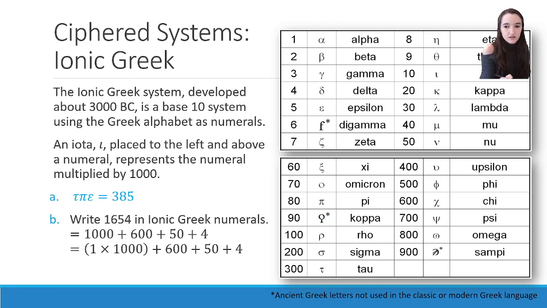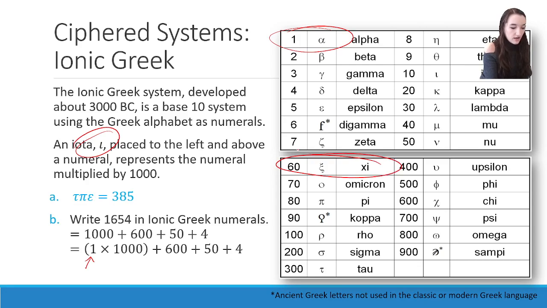So that tells me, because I do not have a number for 1,000, right? We stop at 900, that I'm just going to take the number 1 and put that little iota symbol. So I take alpha and put a little iota symbol next to it to represent 1 times 1,000.